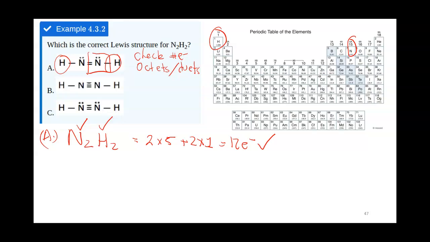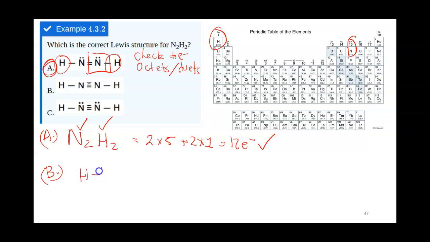So I'm going to say that A is a good Lewis structure for this molecule. It has the correct number of electrons, being 12, and it has every atom with either an octet or a duet.